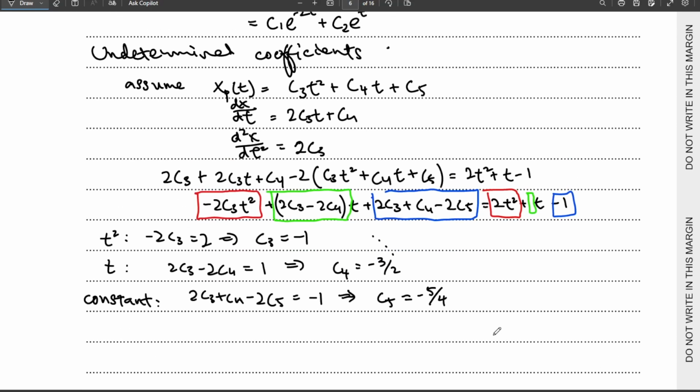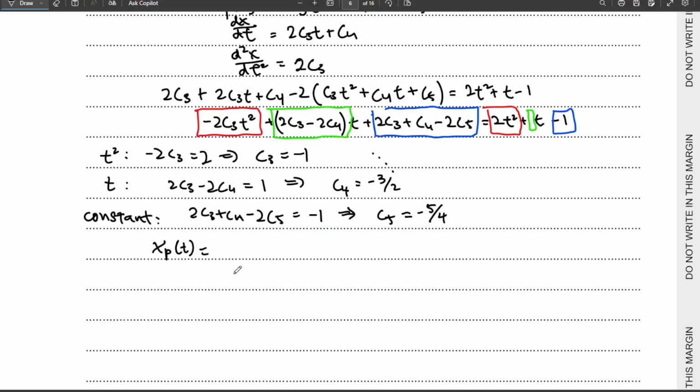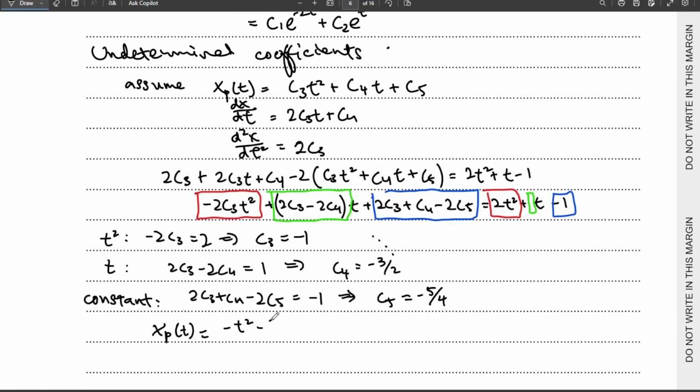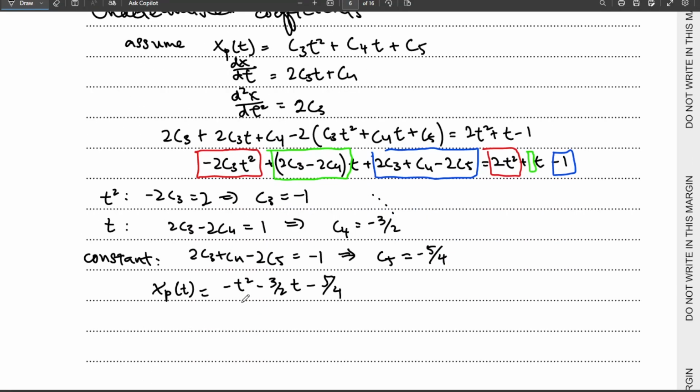And so that leaves us with our particular integral: negative t squared minus 3 over 2t minus 5 over 4. Okay, so this is our particular integral.